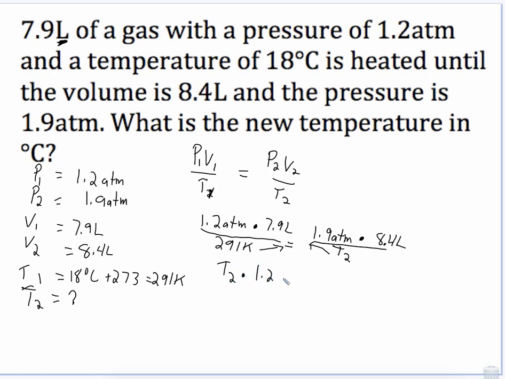So I'm going to basically get T2 times 1.2 times 7.9. Now that I know all the units are okay, I'm just going to leave them off, equals 1.9 times 8.4 times 291. So I'm going to do all that math. Why don't you go ahead and push the buttons in case I make a mistake.